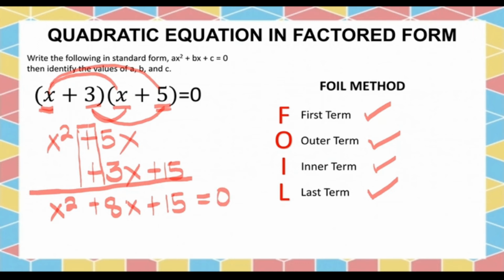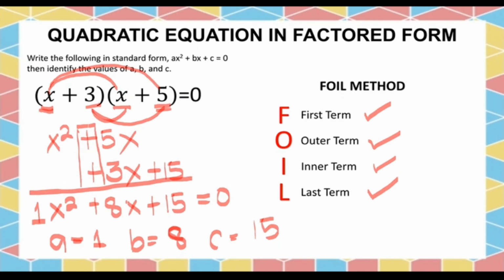So therefore, the expanded form of the equation is x squared plus 8x plus 15 is equal to 0, now in standard form. And then, we can now identify the values of a, b, and c. So the value of a here is 1. Again, there is an invisible 1 here. B is equal to positive 8. And c is equal to positive 15.